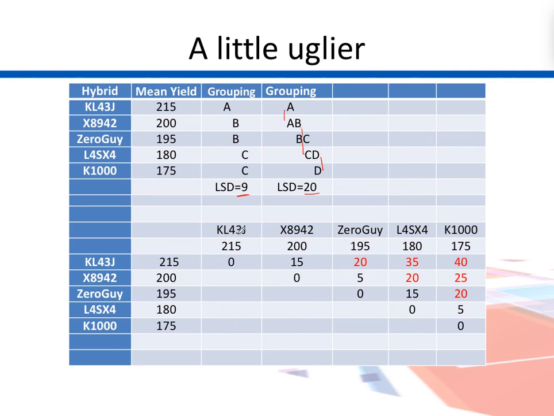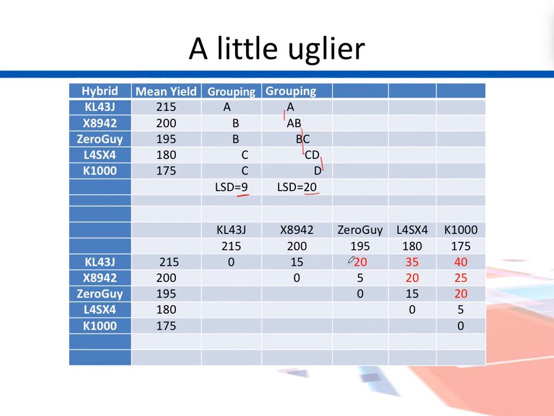So this 43J, since it's compared with itself, doesn't mean anything, so we start from here. X8942 has a mean of 200, and when compared with the first one, 43J, the difference was 15.